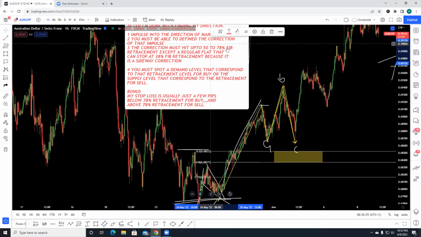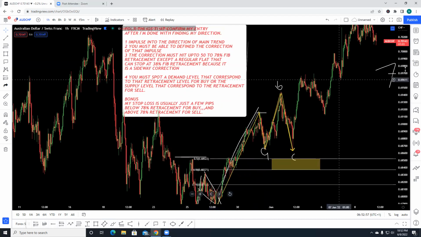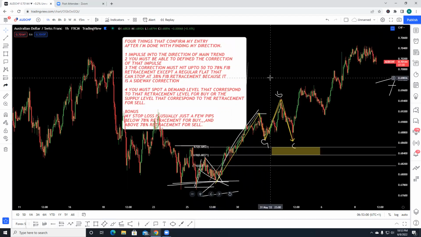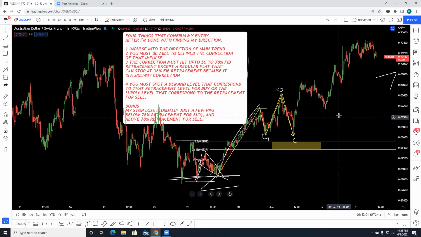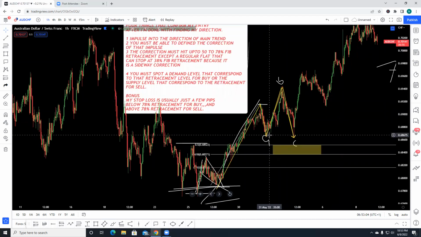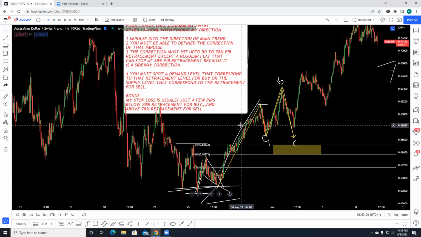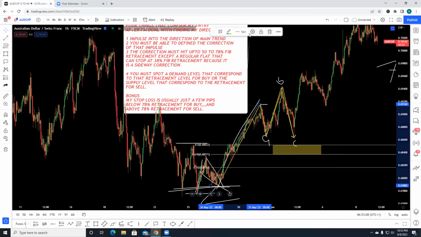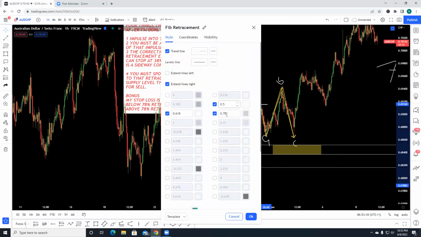All right. So regular flat and some expanding flat can stop at 38. All right, and this is an example. Okay, so if I have to introduce 38, I have to activate 38 very quick, guys.